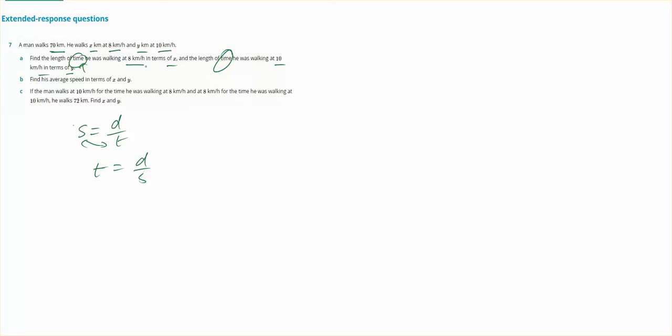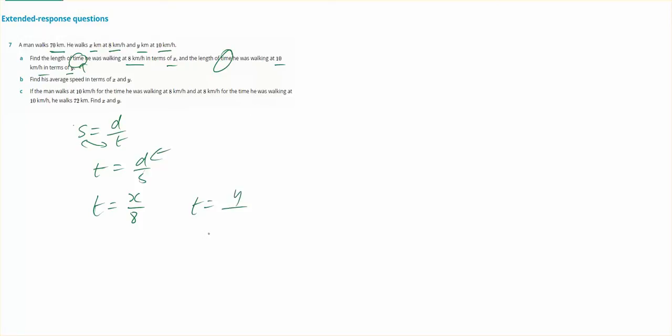For the first segment, at 8 kilometers per hour, we don't know what the distance actually is, we know that it's just x, and the speed is 8. For the second length, the distance is y.